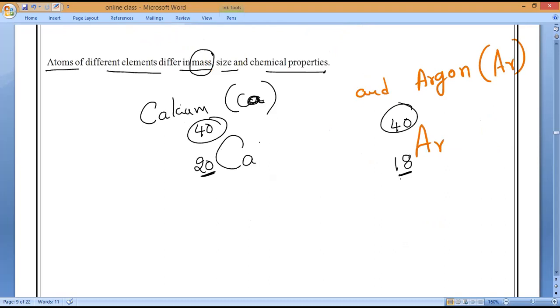So here the number of neutrons is balancing. The number of protons is not the same: calcium has 20 protons, argon has only 18. Calcium has 20 protons plus 20 neutrons, but argon has 18 protons and 22 neutrons. So even though they are atoms of different elements, their mass number is the same.